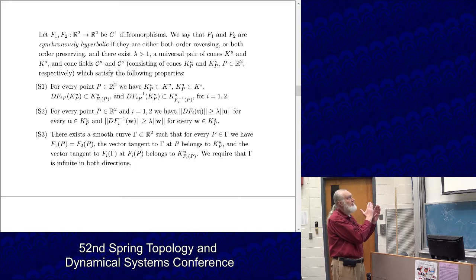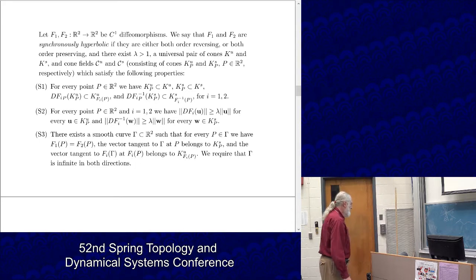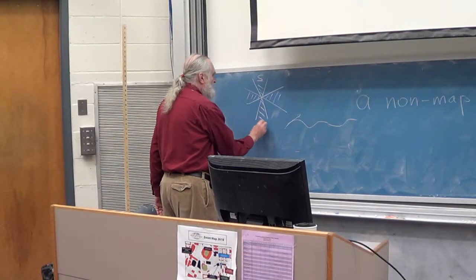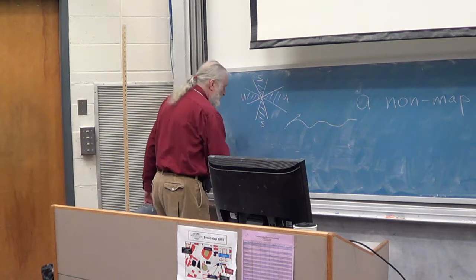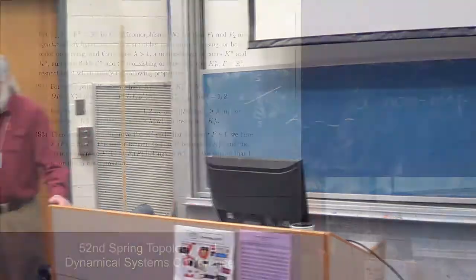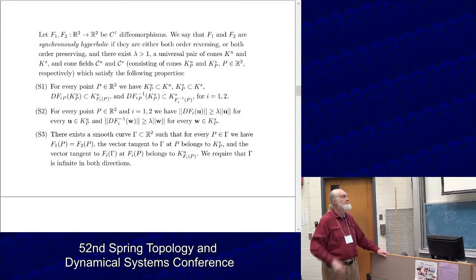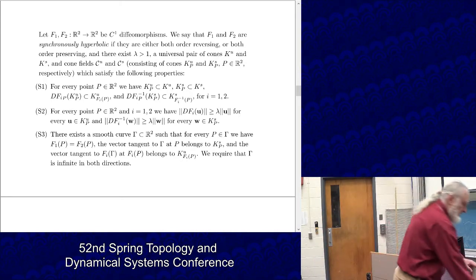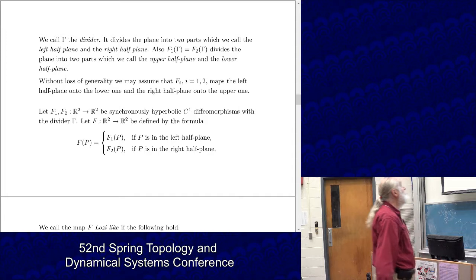Vertical is the stable direction. So this cone is stable, this cone is unstable. The tangent vector at each point should be in the stable cone. And this divider is infinite in both directions. Okay, we call it the divider.